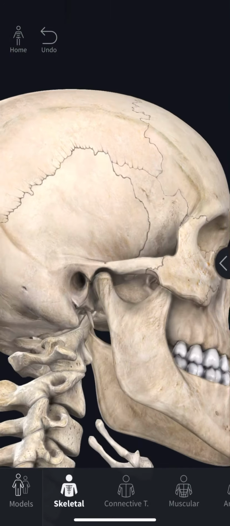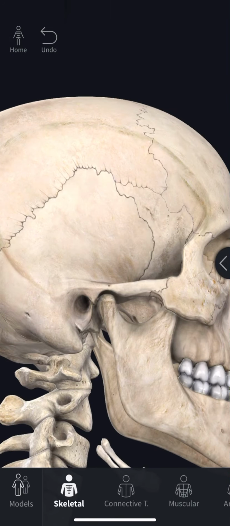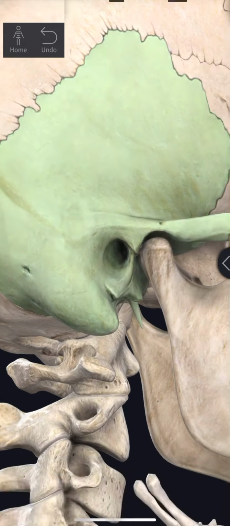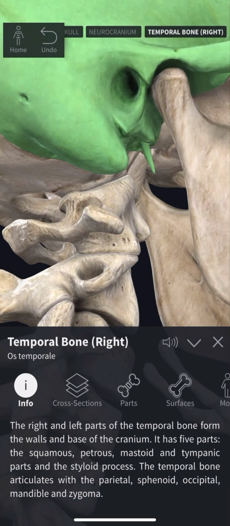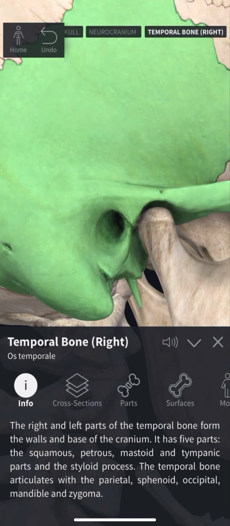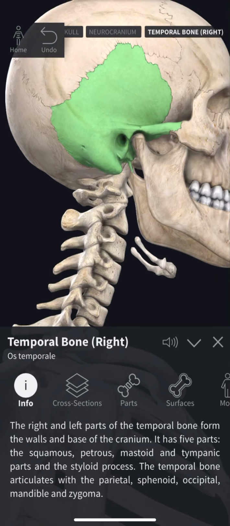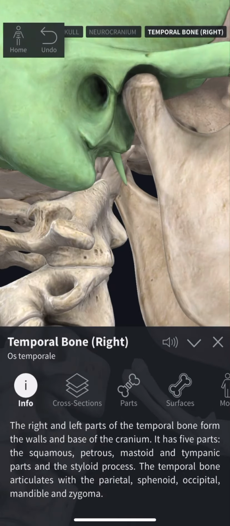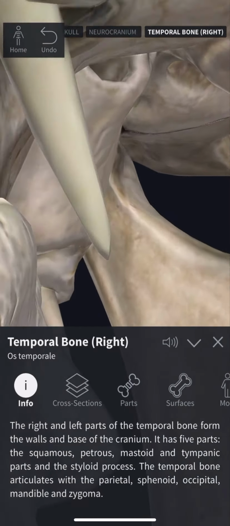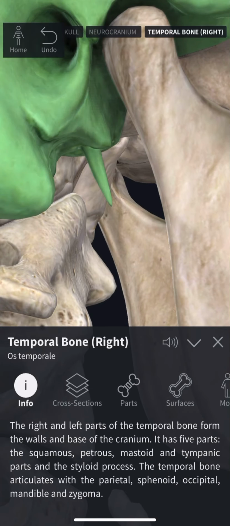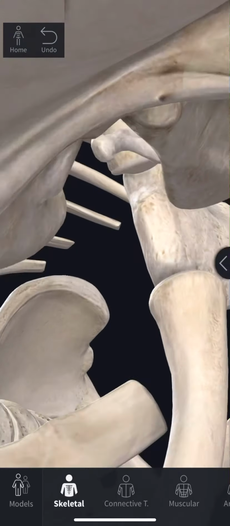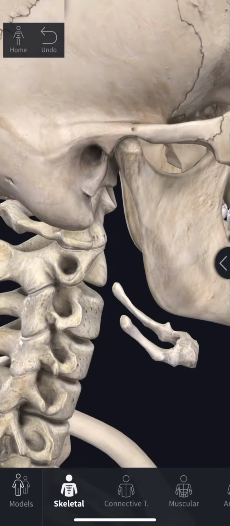Now from the temporal bone, what are the projections that we see? We are seeing this rounded one down. This is known as the mastoid process. You're seeing the spine-like projection here. This is known as the styloid process. All right.